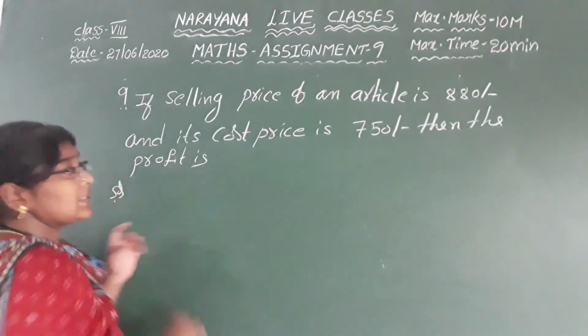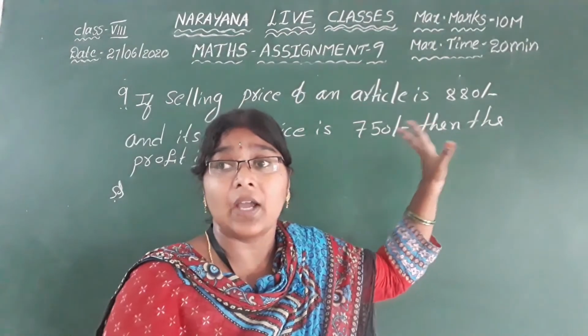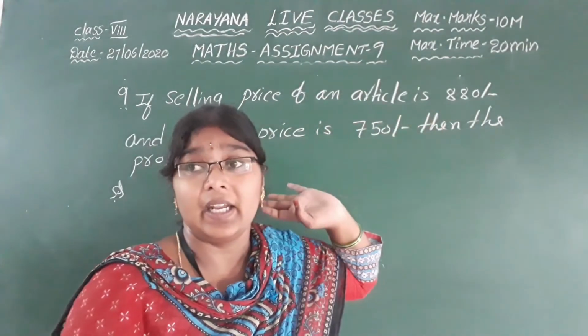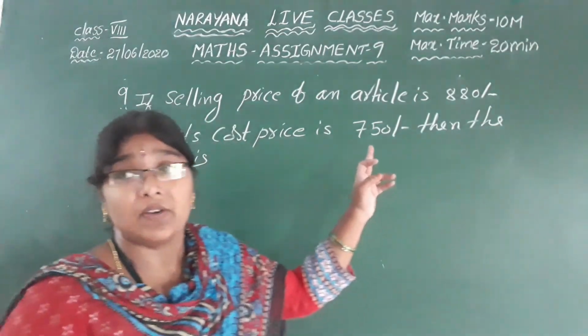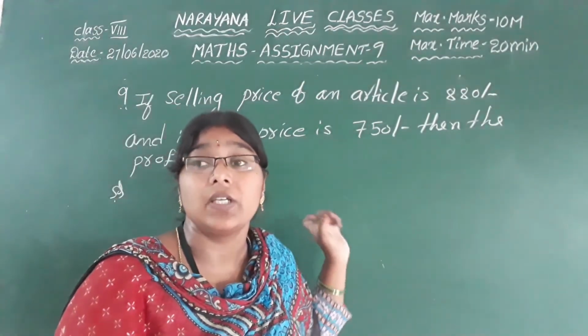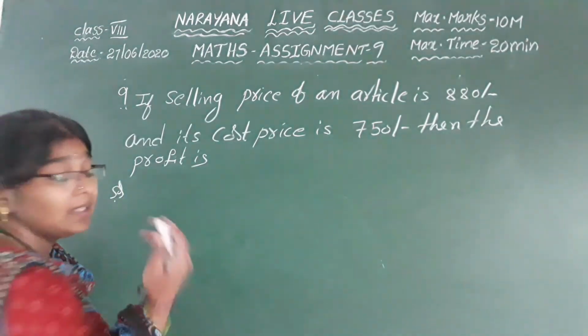Here, some article is selling for 880 rupees, and the cost price of that article is 750 rupees. So here they are asking the profit.